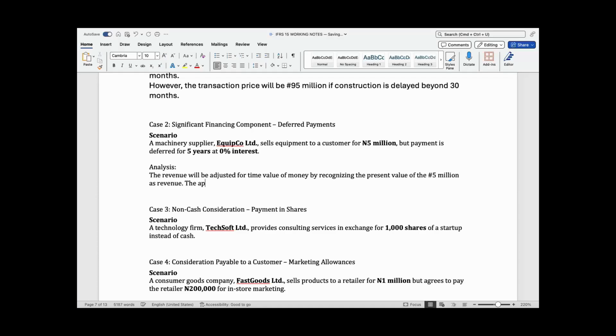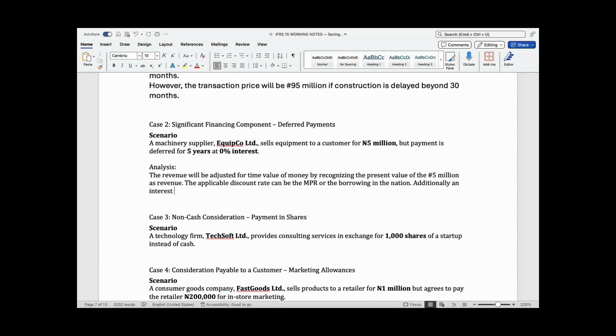So the applicable discount rates can be the MPR or the borrowing rates in that nation. Additionally, an interest income will also be recognized at the end of each year.